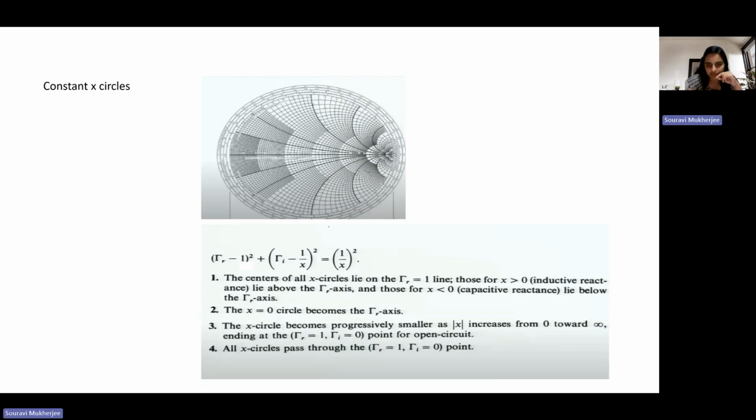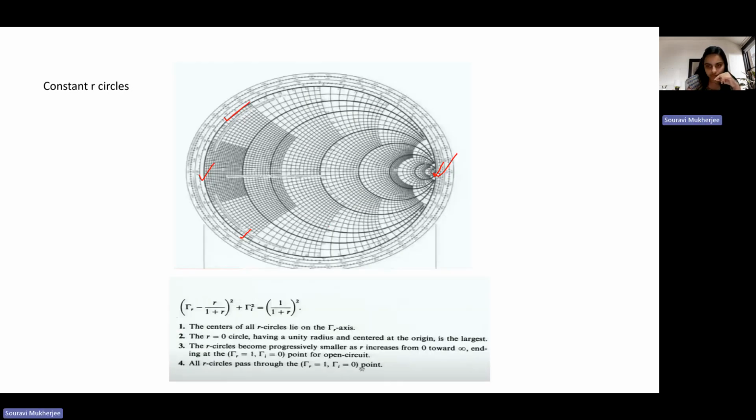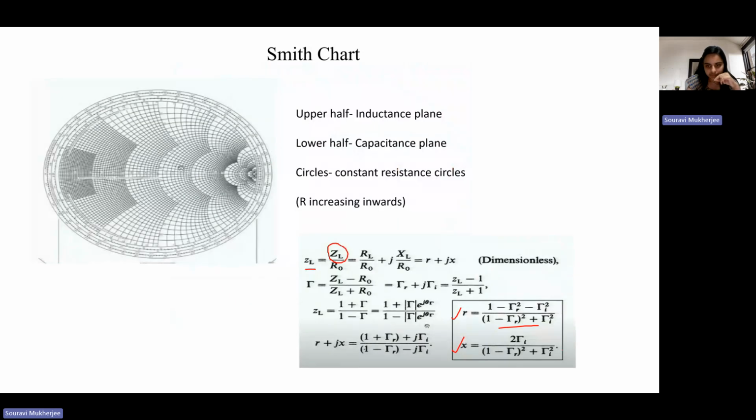Now let us look at this one. We do the same equation, but now for the imaginary part, okay, which is this one. So for any load impedance, you would have a real part, the resistive part, which will give this relation, and then you have a reactance part, which will have the L and the C contributions, and this will follow this relation.